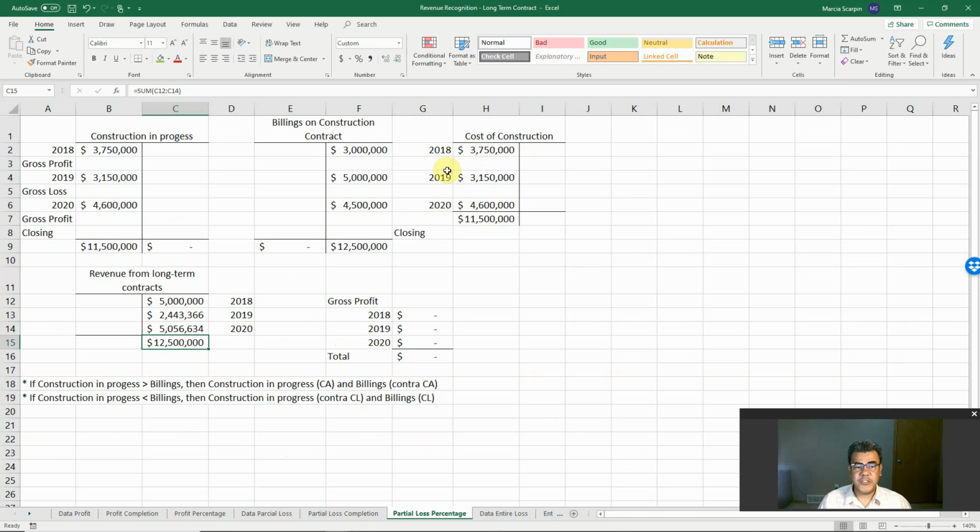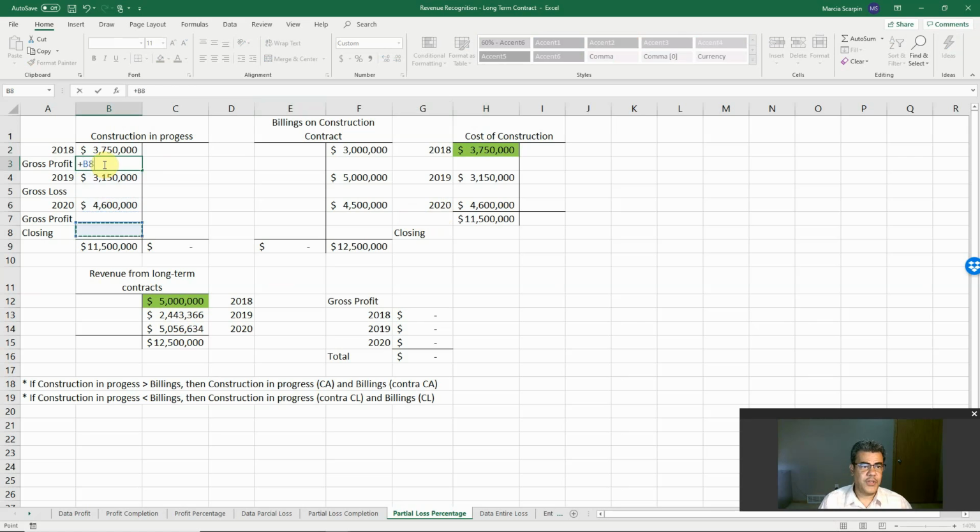So, okay, we must match revenue and costs. Here we need a debit. Revenue is greater than the cost of construction, so our gross profit here will be 5 million less 3.7, okay, 1 million and a quarter.